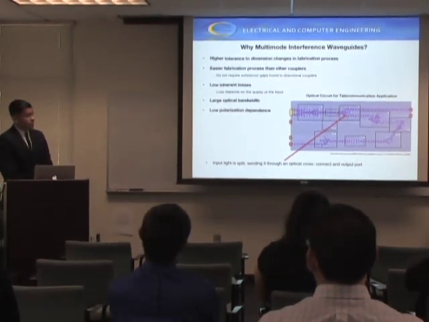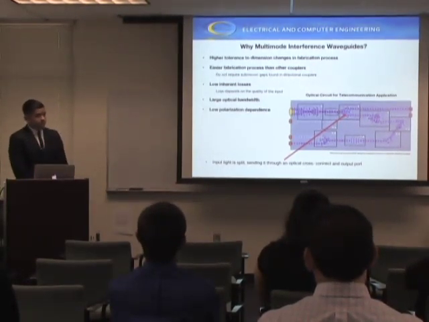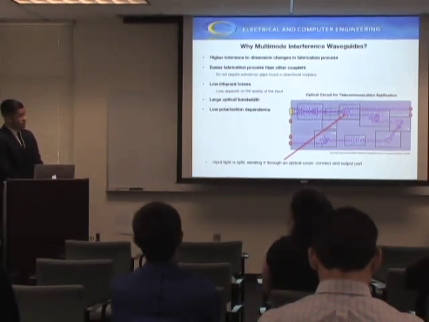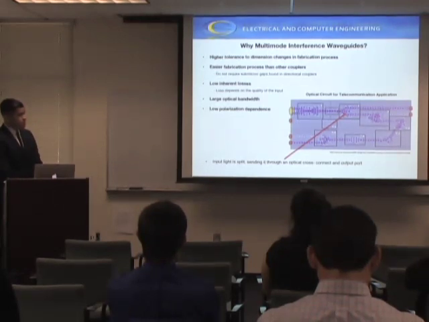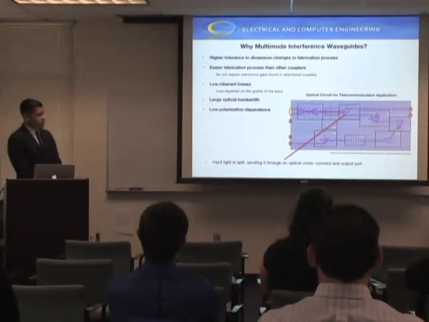This is in the micro scale, so 1-2 microns in width. Aside from that, they also have low inherent losses when optimized, allow for very large bandwidths, and have a low polarization dependence. Here we can see an optical circuit in which a light splitter, or a 1x2 waveguide, is being used.